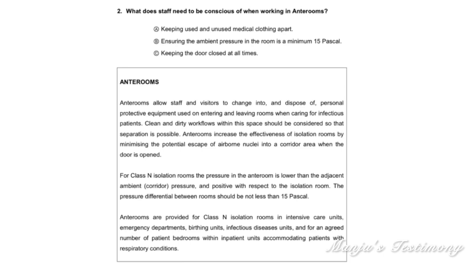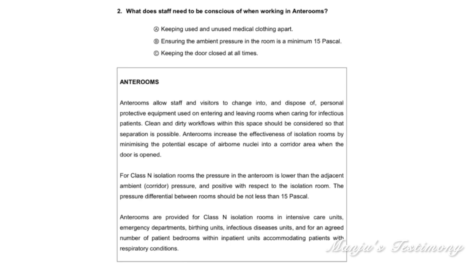So the air inside the anteroom is already infected, and it should not be let out into the outside corridor. That's why the pressure inside the anteroom should be negative compared to the outside corridor, so that particles from the negative pressure area will not travel to the outside corridor.